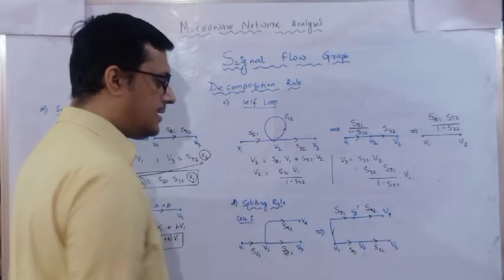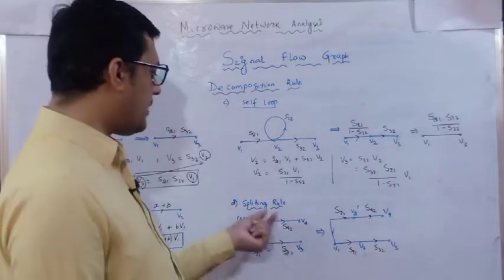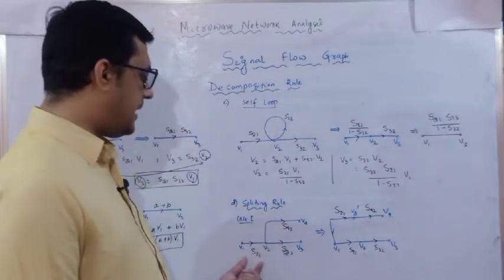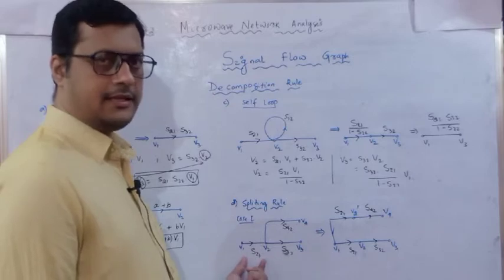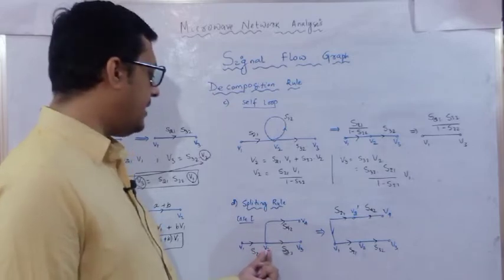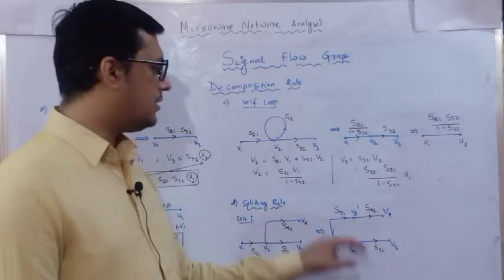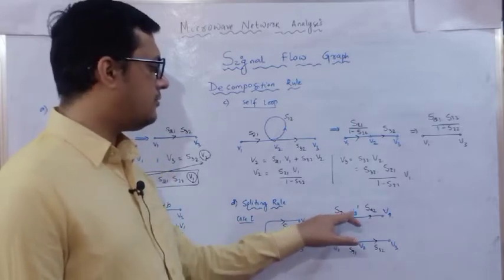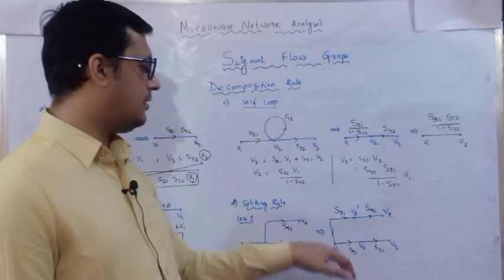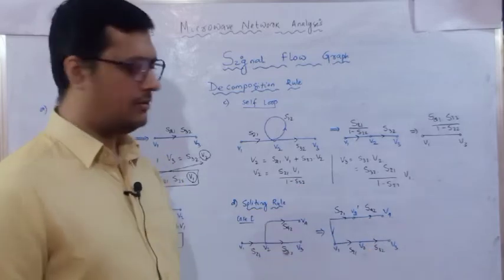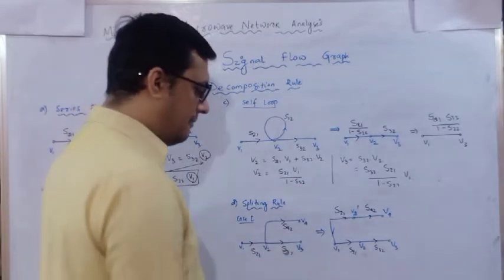It is same as this one or not? Just one node I have added with the help of the same scattering parameter. So V2 I have added one, so that V1 is connected directly to V2. So we are getting S21 and S42, S21 and S32. So these are the scattering parameters.